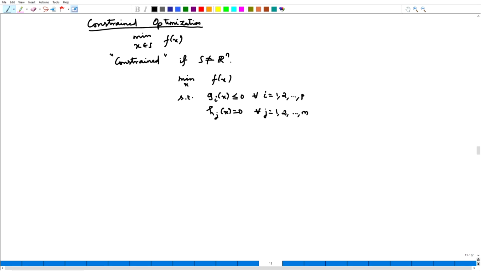I have a function f which is what I call the objective function. I want to minimize that. It is subject to x belonging to a set S, but that set is actually defined by a set of inequality constraints and a set of equality constraints.